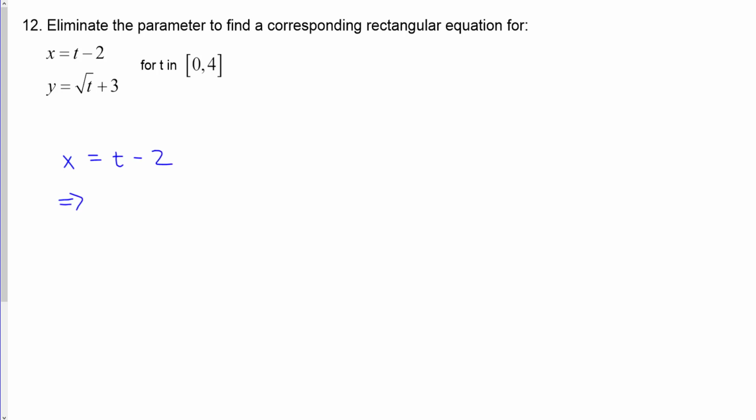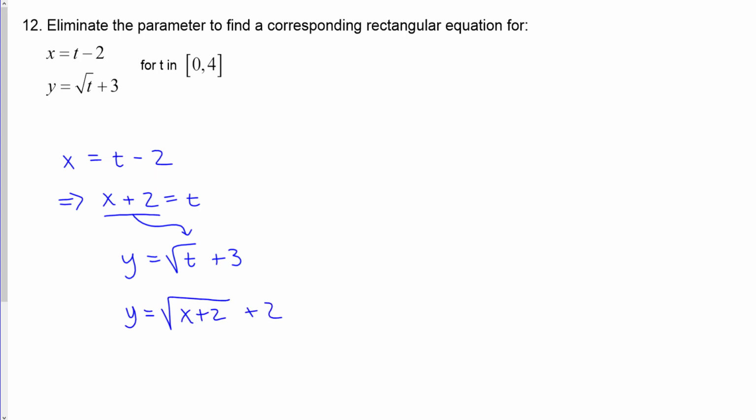So if x is t minus 2, then t is equal to x plus 2, which I can now just put into the other equation. So just take the x plus 2, put it in for t, so y equals the square root of x plus 2, plus 3. And there you have it.